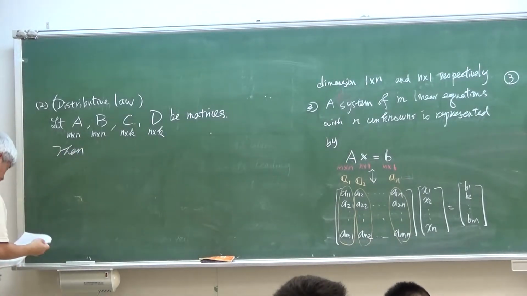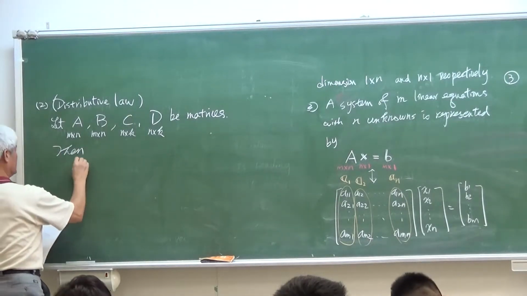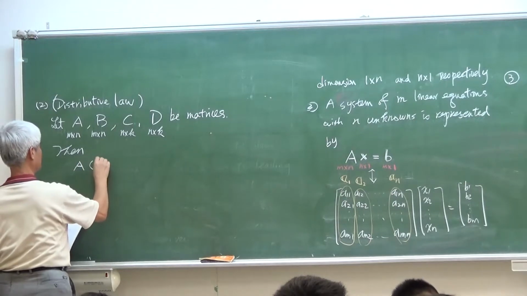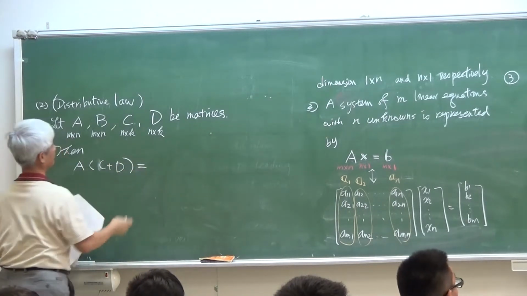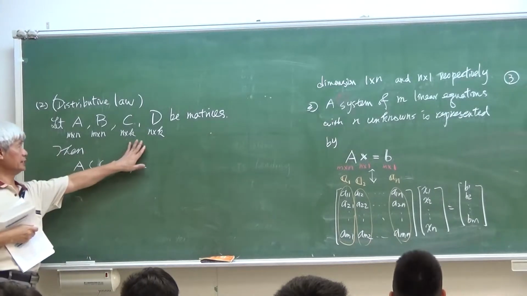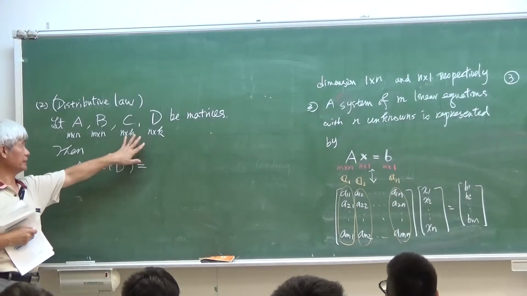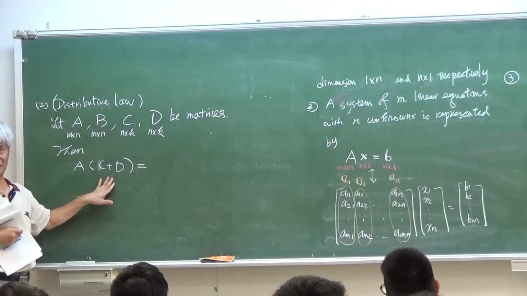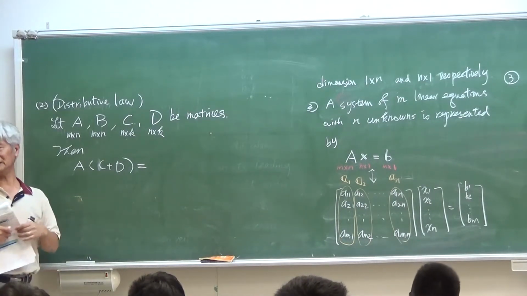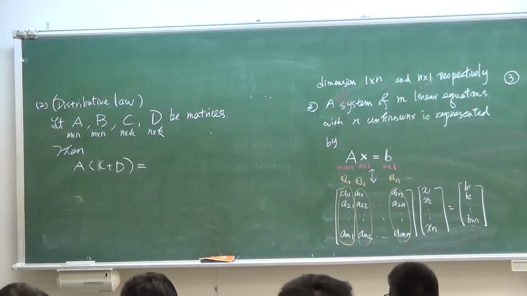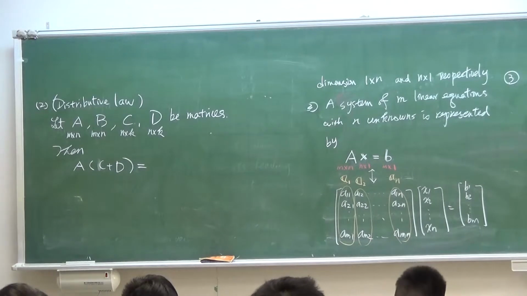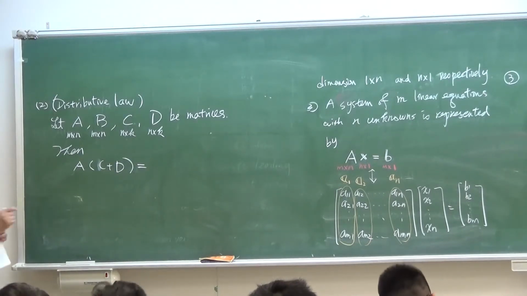Then A times (C plus D). The reason why C and D should have the same dimension is that we want to do the addition of two matrices, because only matrices of the same dimension can be added together. Otherwise, if two matrices have different dimensions, then they cannot be added together.